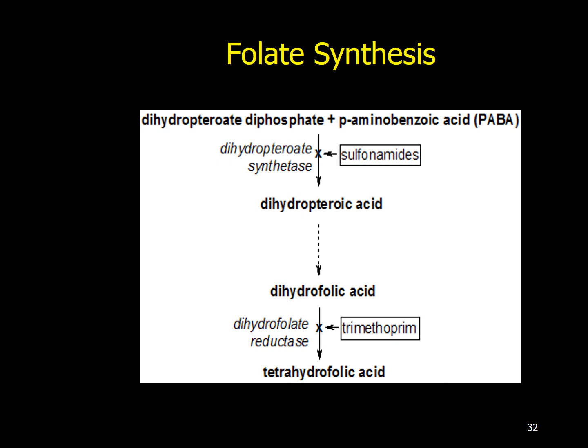If you block synthesis of folate via this pathway, the bacteria will not be able to make new DNA, but humans are not affected because human cells don't rely on the synthesis of folate. We rely on the ingestion of it.